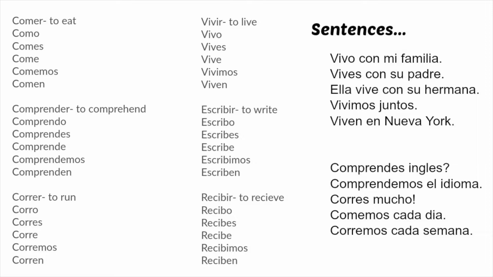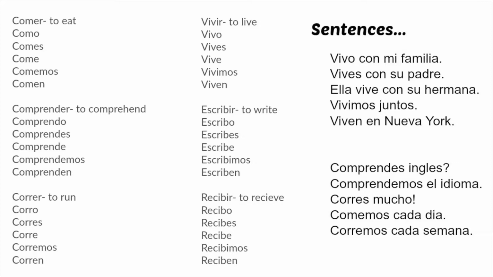So keep in mind when you are talking in Spanish and you want to say she comprehends everything, you have to specify who the pronoun is. So you have to say ella comprende todo. You wouldn't just say comprende todo unless it's already known who the subject is. For example, if we're sitting here talking about my mom through the whole conversation and I say, oh, sí, comprende mucho, it's already known I'm talking about she. She's the one that comprehends a lot.